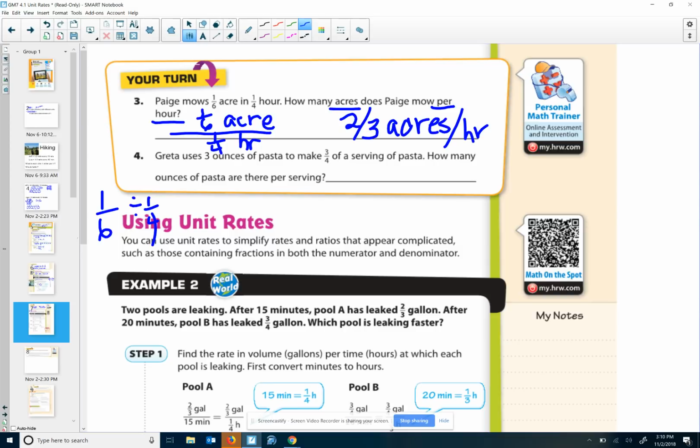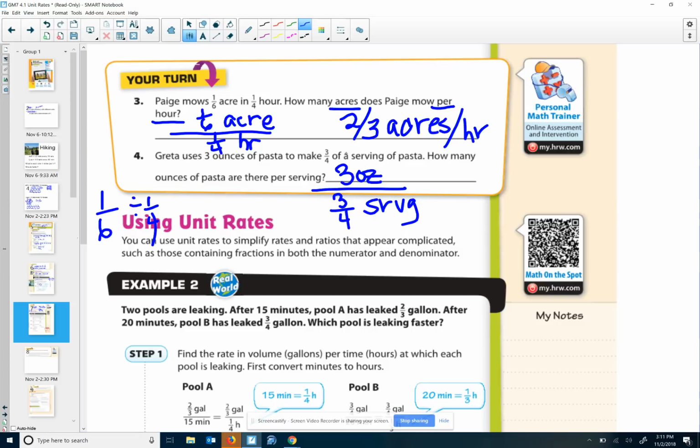Number 4, Gretchen uses 3 ounces of pasta to make 3/4 of a serving of pasta. How many ounces per serving? So we've got 3 ounces. So write down, we have 3 ounces per serving. But I'm making only 3/4 of a serving. Okay? What we want to do is divide this so that we can calculate how much this is for 1 serving.